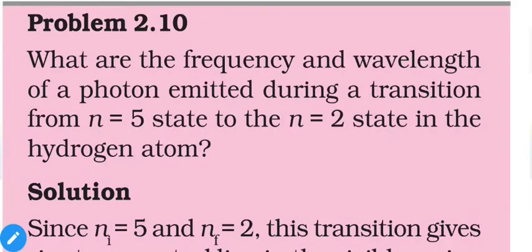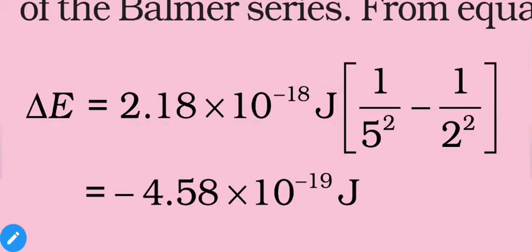Now let us discuss a numerical. What are the frequency and wavelength of the photon emitted during the transition from the n equal to 5 state to the n equal to 2 state in a hydrogen atom? First, the energy.